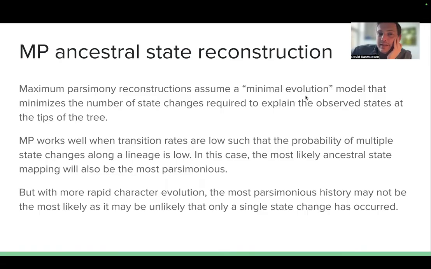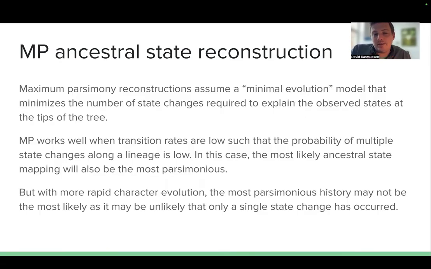That is, they try to minimize the number of transitions or state changes required to explain the observed states at the tips of those trees, where those changes might be due to, say, mutations, or if we're talking about a phylogeographic model, migrations.